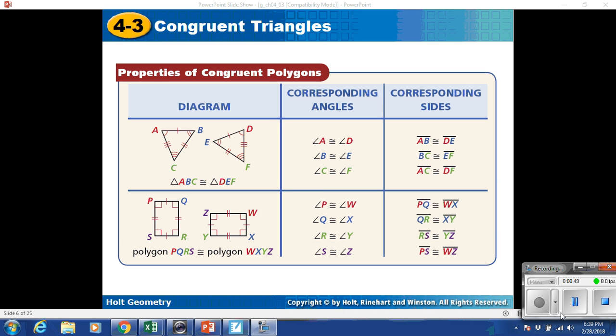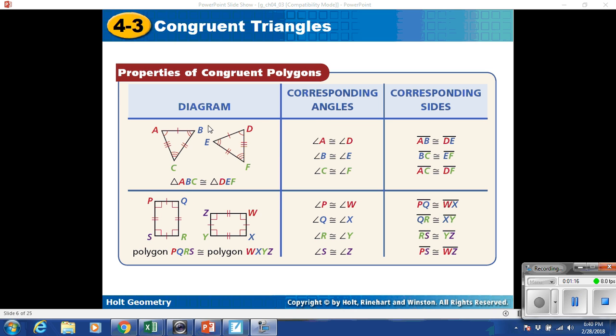So what we want to be able to do is list all of the corresponding parts, the corresponding angles and sides. So that's what's done here. They give you A, B, and C for triangle ABC, and they're matching A with D. Notice how it has one little curved line.